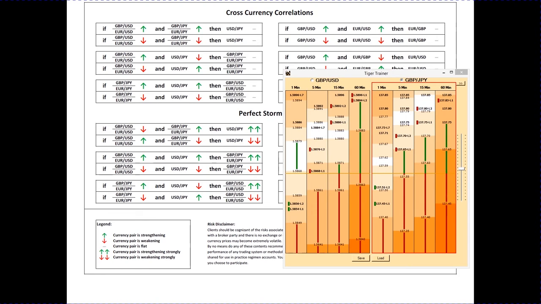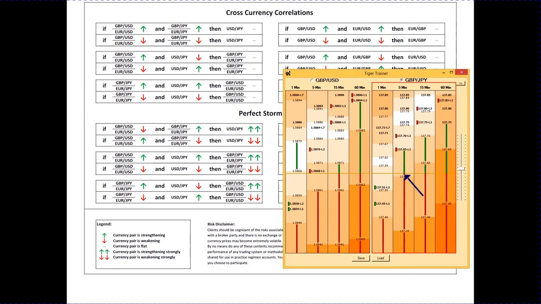Now in this example, let's just say pound yen is right now above the 1 minute boxes. And actually support for pound yen is a little bit higher here. I mean resistance, sorry. Resistance for pound yen, similar entry, 5-minute entry, right?